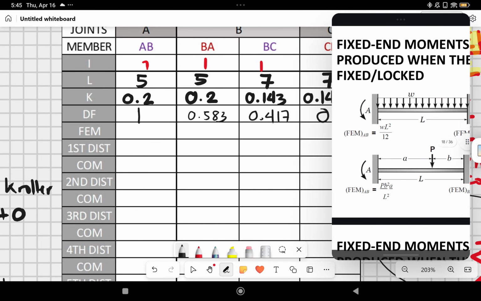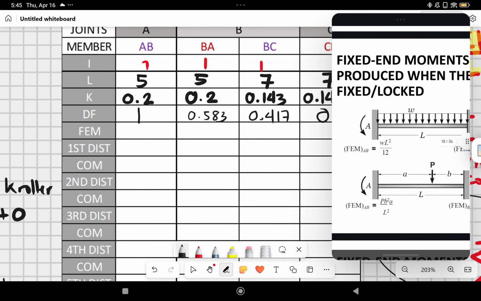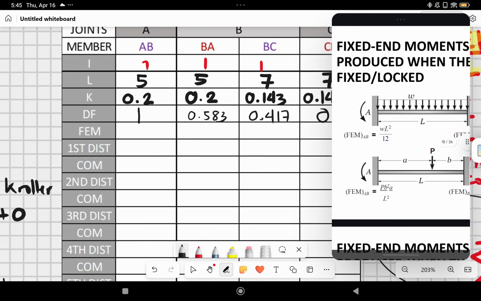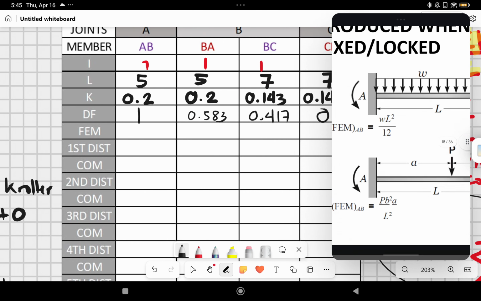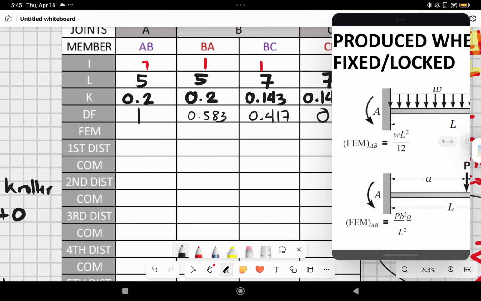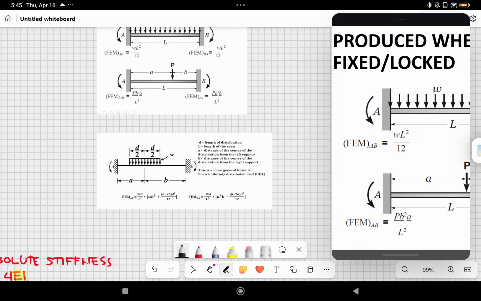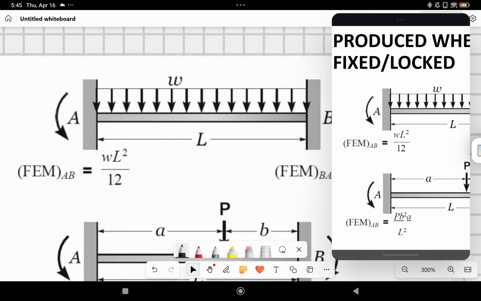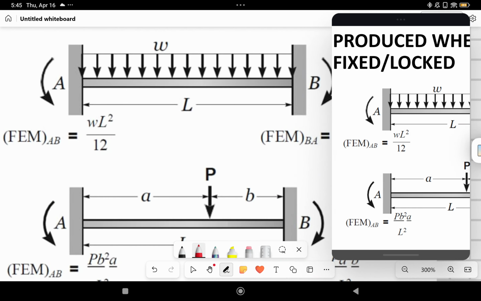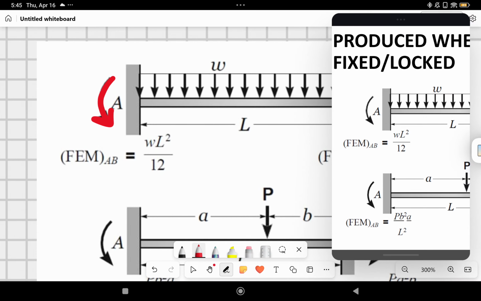Okay, for the fixed end moment that is occurring at this joint A. And it is counterclockwise. Ayan, para mas masulatan ko. So, ito yan, FEMAB is this one.